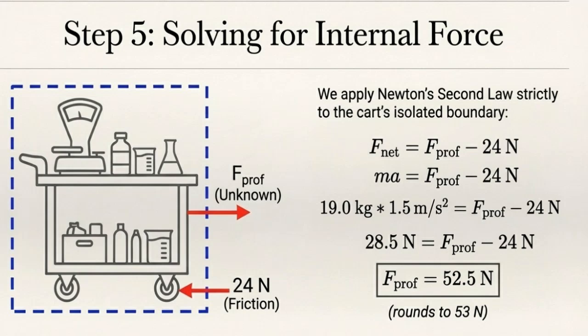Multiplying these gives 28.5 newtons for the net force, which equals the professor's force minus the friction. Adding the friction back over to the other side, we get the professor's force as 52.5 newtons, which rounds to 53 newtons. This calculation gives us a clear understanding of the force the professor must apply to overcome friction and accelerate the cart.